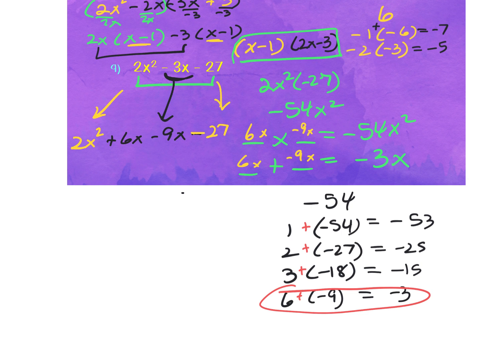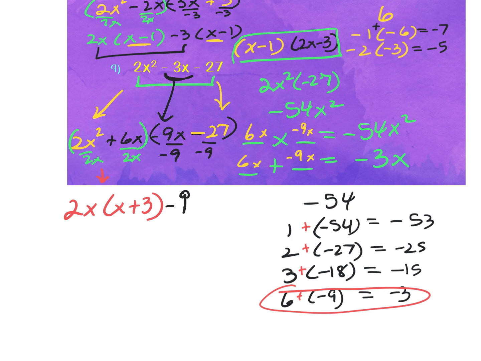And now I'm going to make my groups. Got a green group here and my black group. So my greatest common factor of green is going to be 2x. So then after I divide, I get 2x is the GCF, and then after I divide, it's x plus 3. And now for here, if I pull out a positive 9, my signs are off. So I'm going to pull out a negative 9.